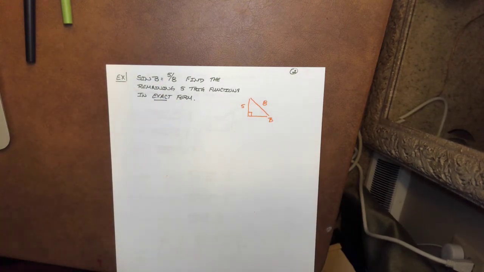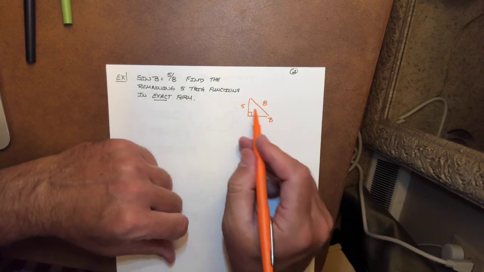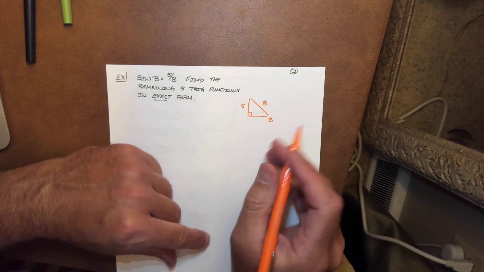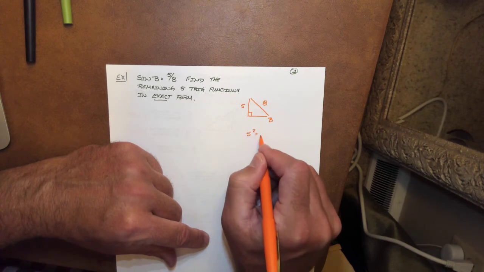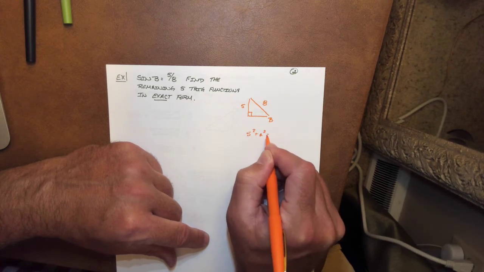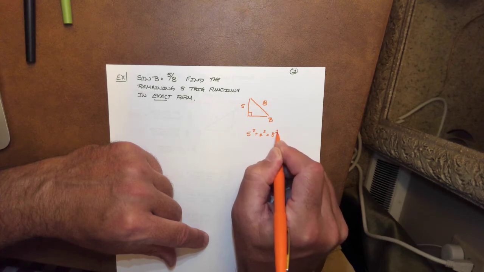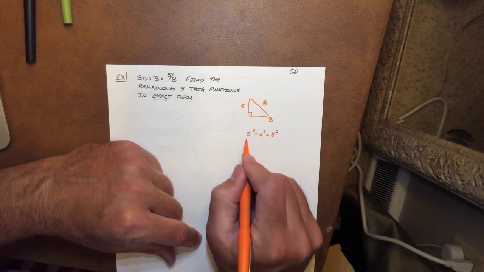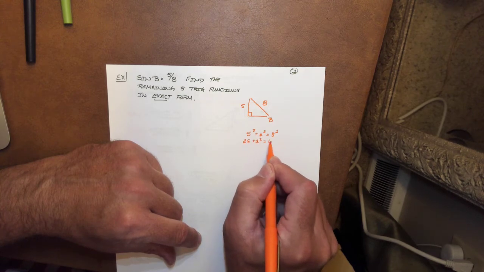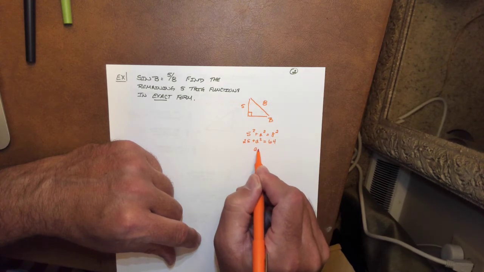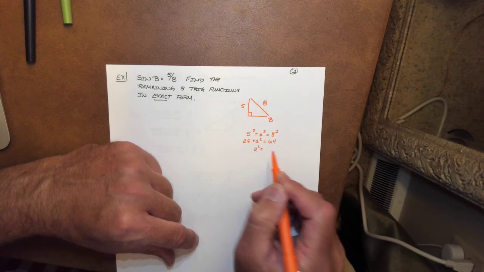So how do we do it? Yes, you're right. Pythagorean theorem. So 5 squared plus a squared equals 8 squared. So 25 plus a squared equals 64. A squared equals, yes, I'll wait for you.